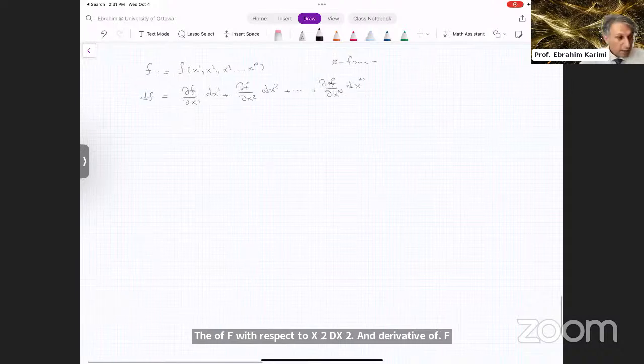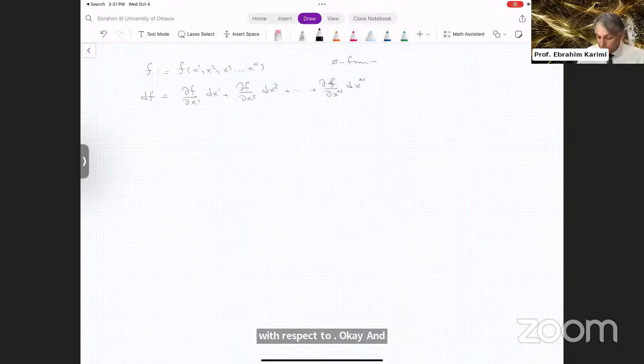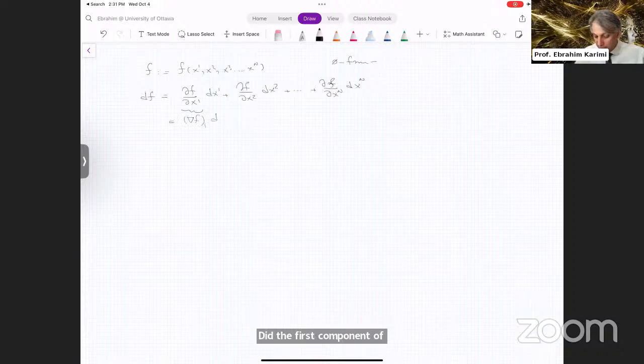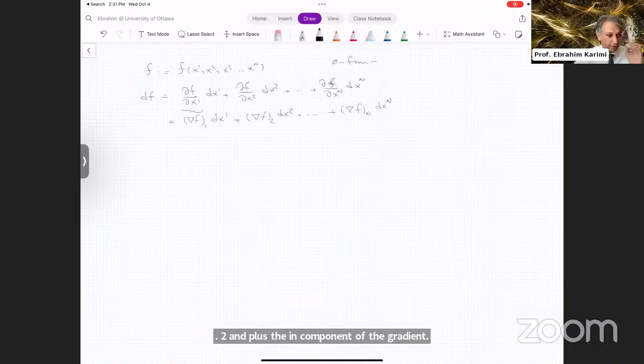Indeed, this is nothing more than the first component of the gradient of f dx1, the second component of the gradient of f dx2, plus the n-th component of the gradient dxn. So we knew about that.